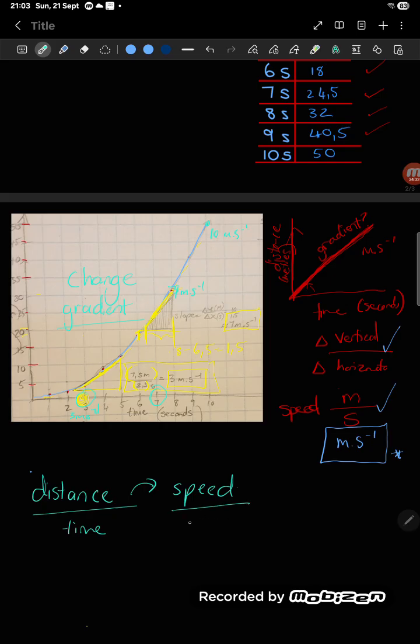But what if my speed changes per time? So there's a change in my speed. What is that called? That's called acceleration. That's when you put the pedal to the metal. Acceleration, and you hope you don't get a speed ticket. Okay, acceleration.